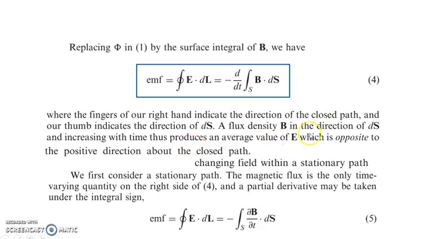If flux density B is in the direction of ds and increasing with time, this produces an average value of E which is opposite to the positive direction about the closed path.